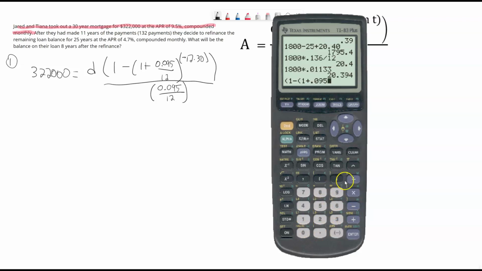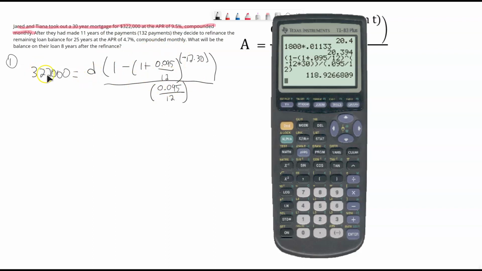But this method works just fine if you only have this formula where A is solved for. All right, let's just continue on. Negative 12 times 30. And hopefully I'll be able to reuse some of these formulas that I'm typing in the later parts of the problem. So if we hit enter, this is the number that is multiplied by D.